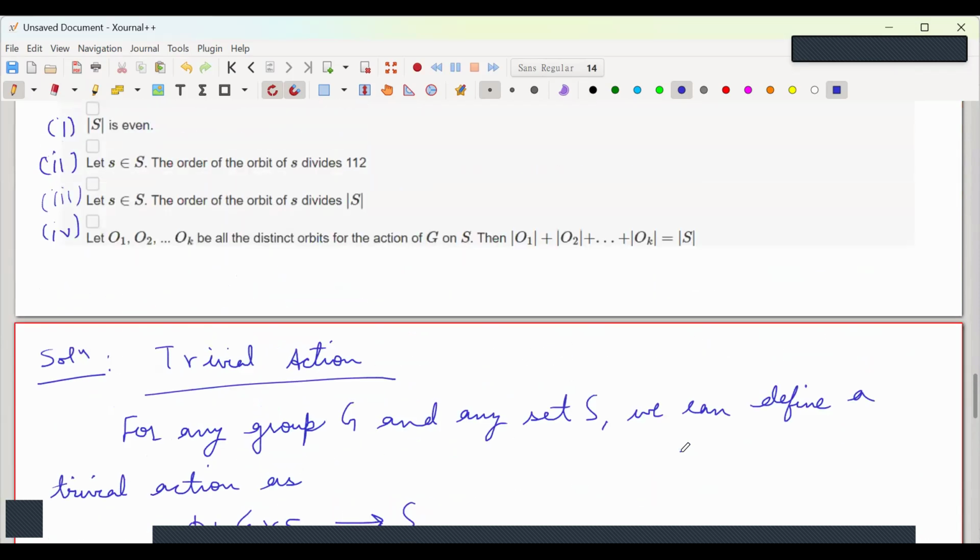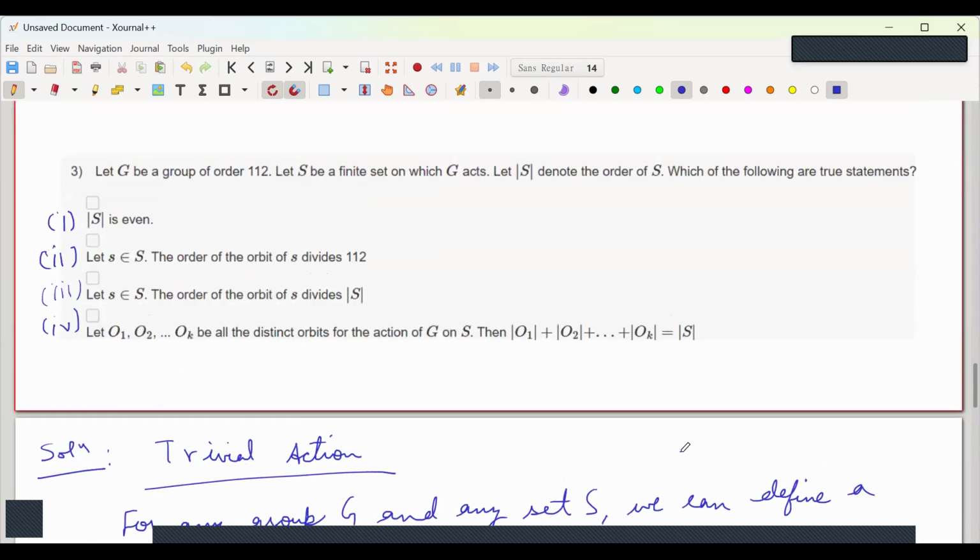Now, what about the second one? Let s belong to S. The order of the orbit of s divides 112. Is it true? Any guesswork?